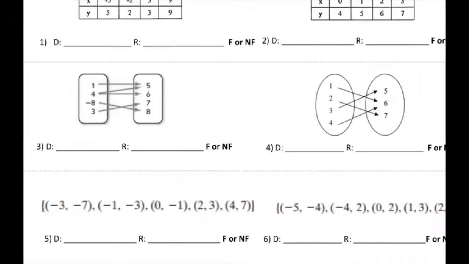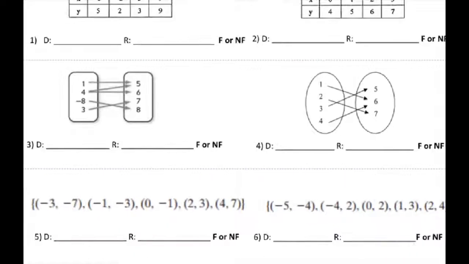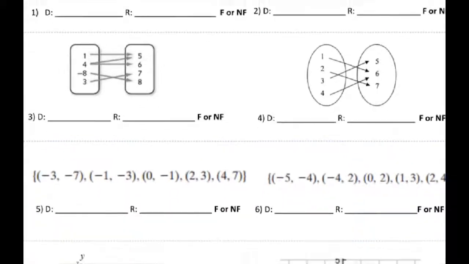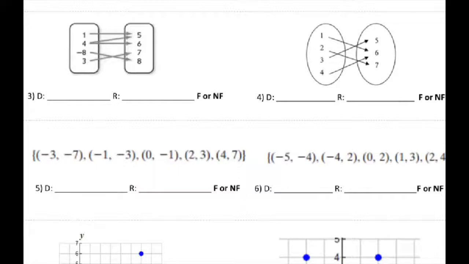Okay, numbers 3 and 4. In 3 and 4, this is called a mapping diagram. It's so easy. It works the same as anything else. X comes first, Y comes second. Again, domain is the list of X's. Here are my X values, so my domain is just a list of those X's, in a squiggly line.